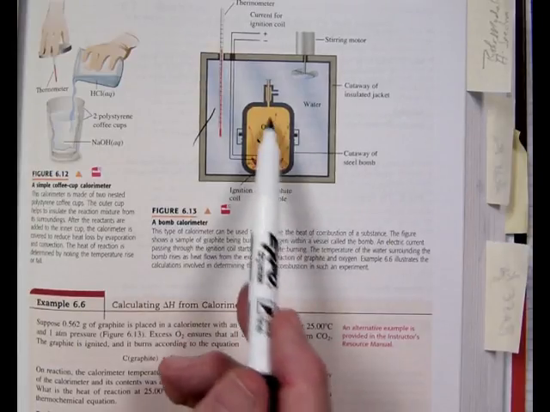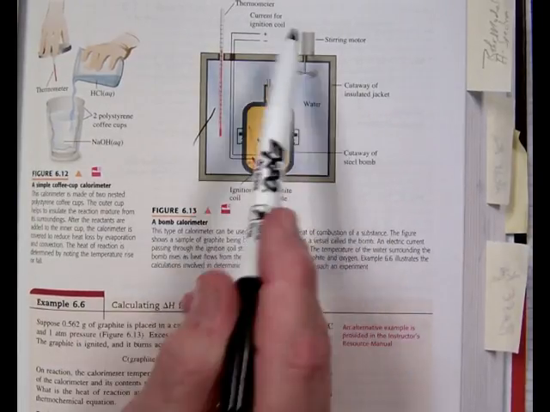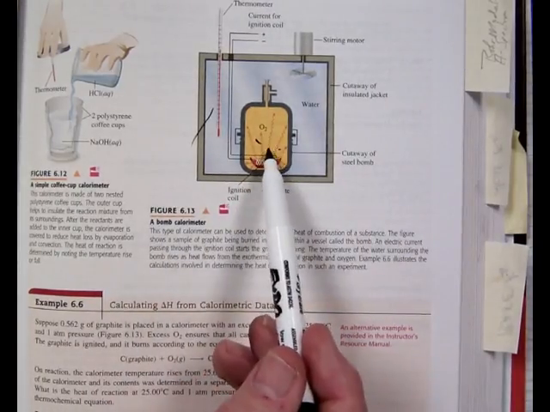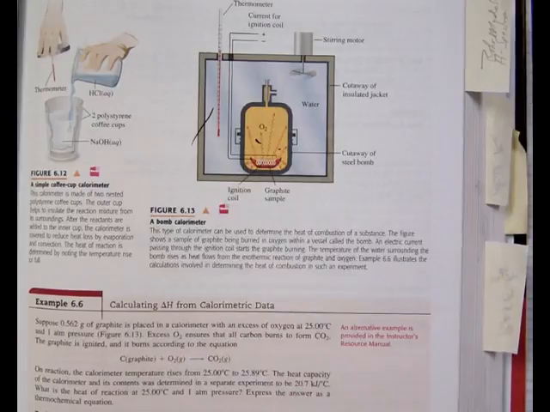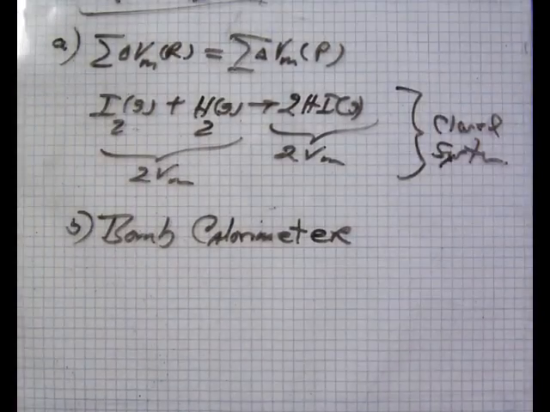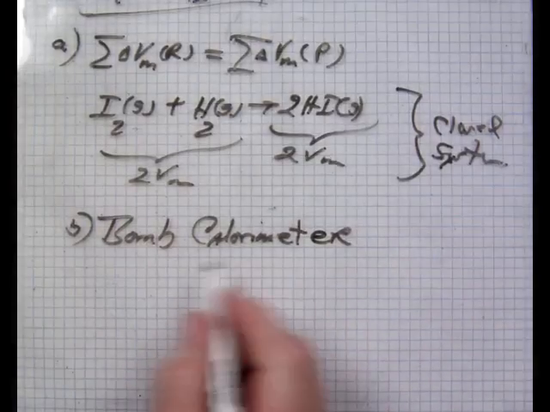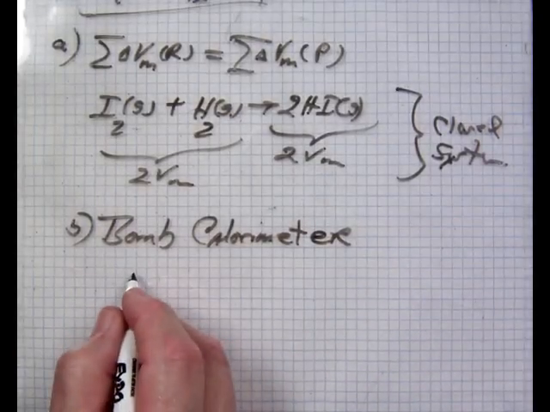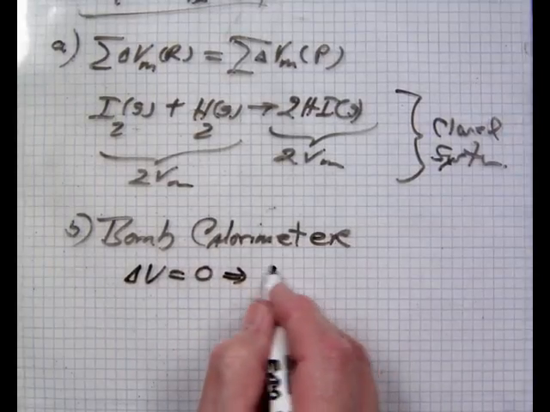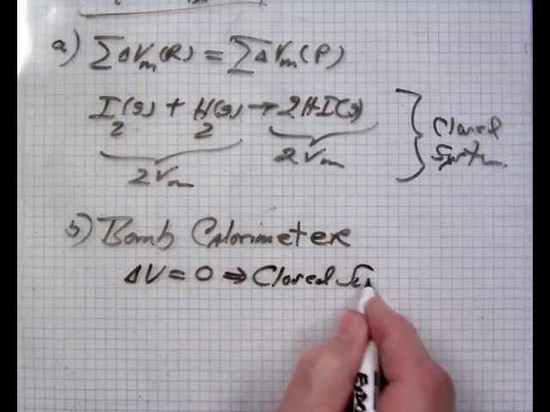It's all combustion reactions. Heat goes into the water. You measure the temperature change over here. No volume change. This doesn't expand or compress at all. So the only thing that comes out of a bomb calorimeter is the Q value, or the heat of reaction. Delta V equals 0, which gives a closed system.